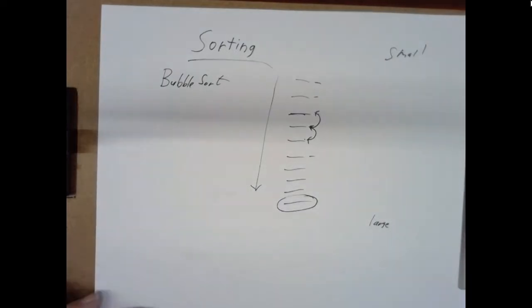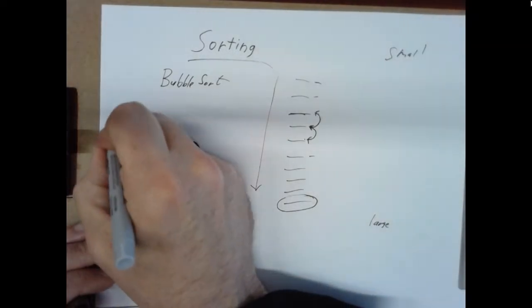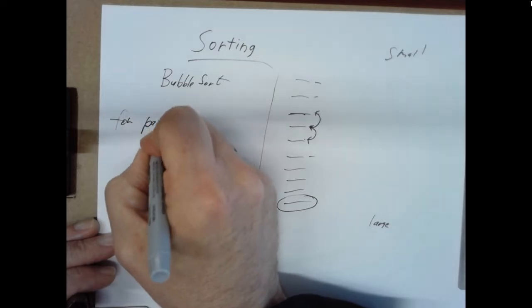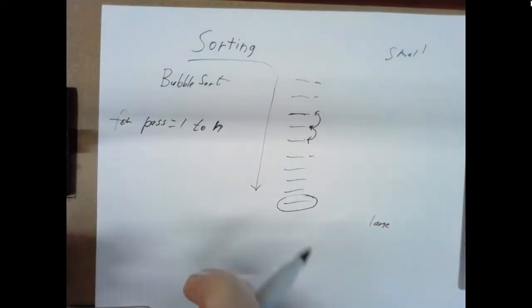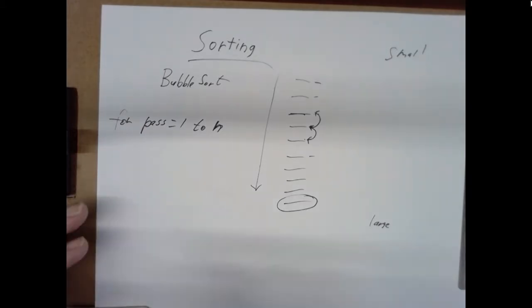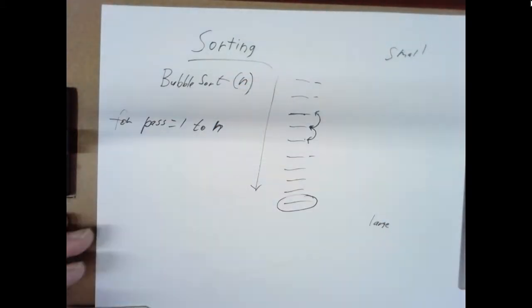So how does this look in code? Yeah, so let's say we want to sort n numbers, so they're sitting in an array. We're going to have to do a total of n passes like this, because each pass puts one number into its correct spot towards the end of the array.